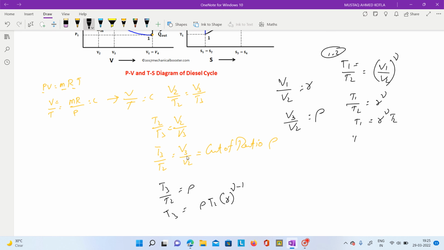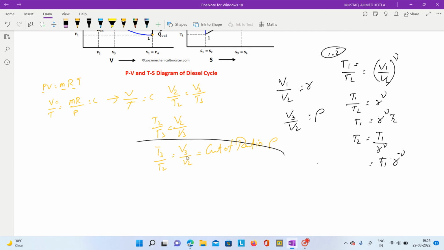Then T2 equals T1 by r power gamma minus 1, which is T1 r power minus gamma plus 1. That only I have substituted. Till now we have completed successfully. Process 2 to 3 has been completed.